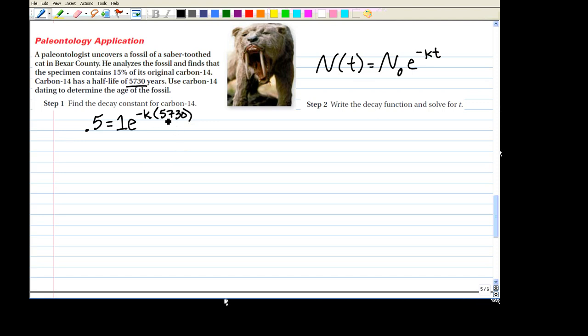So our function is saying here, at 5,730 years, depending on what our K is, we'll get from 100% of what we used to have to 50. Okay, so we'll have 0.5. Let's just rearrange this a little bit so that it's a little simpler. Okay, so 0.5 equals E to the negative 5730 times K. Don't forget that. Okay, I'm going to go ahead and take the ln of both sides, the natural log of both sides.